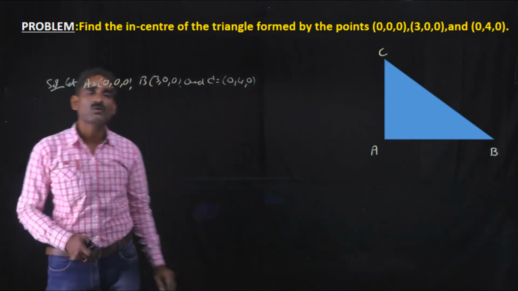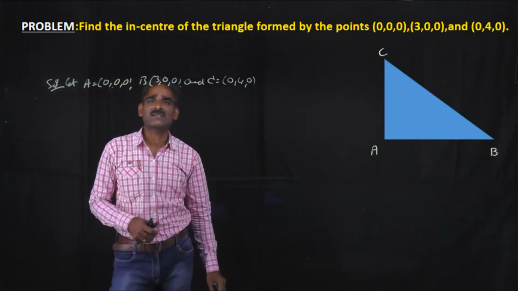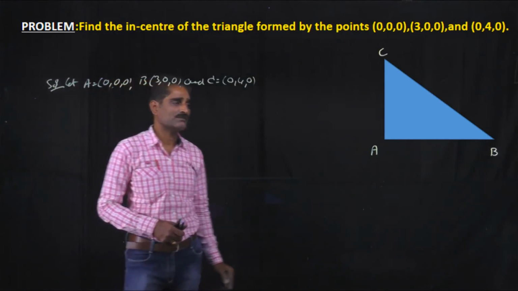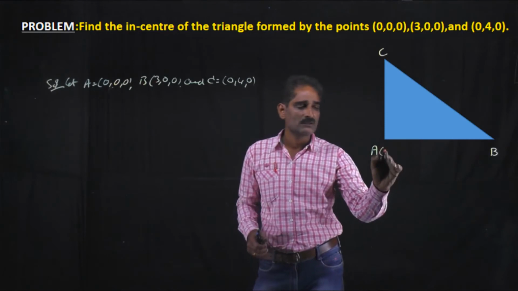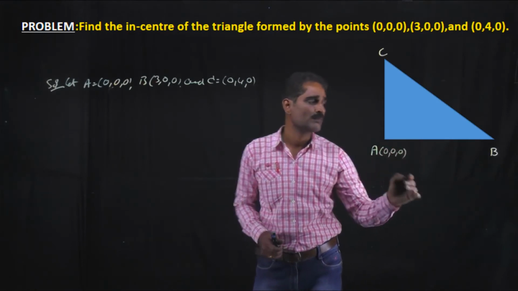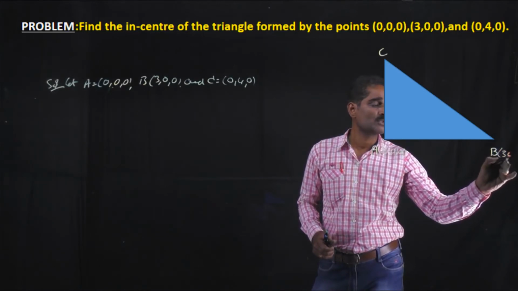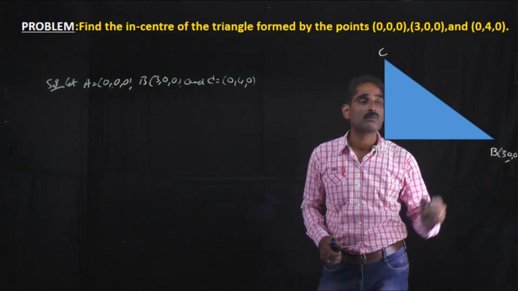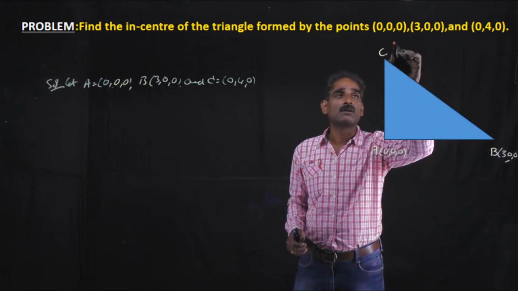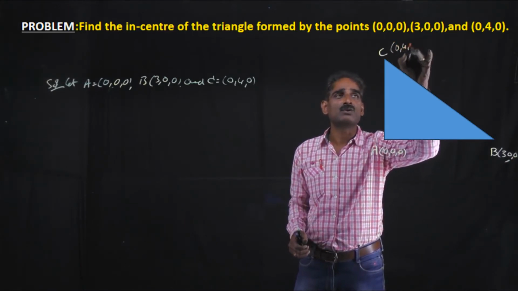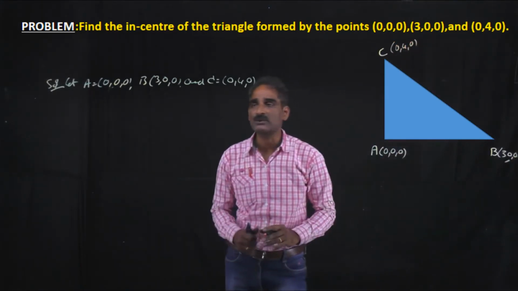We have to find out the incenter of the triangle ABC. These are the coordinates of the 3 points.